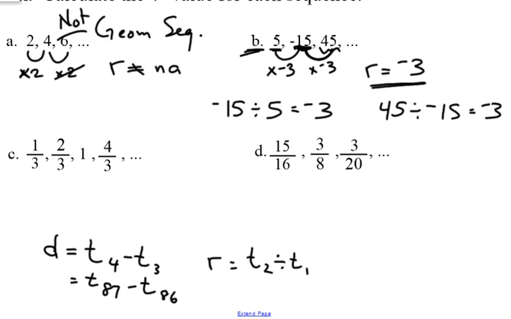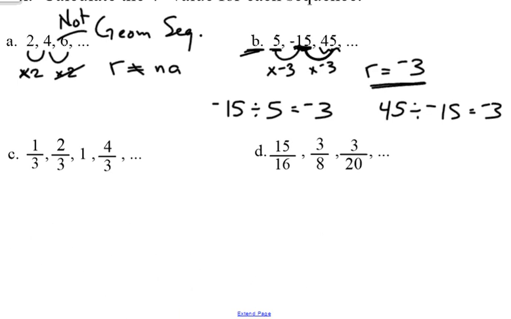So we can see that it works. So that's what's important to understand, that summarizing this, we can calculate r by taking a term and dividing it, sorry, not subtracting it, dividing it by the term previous.